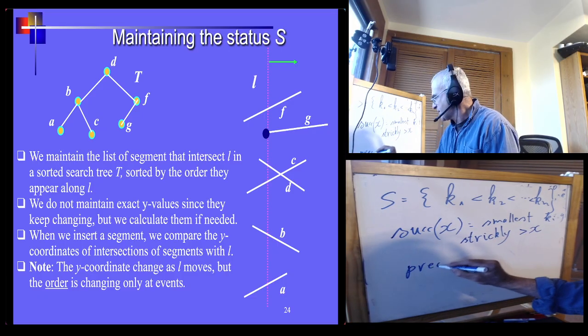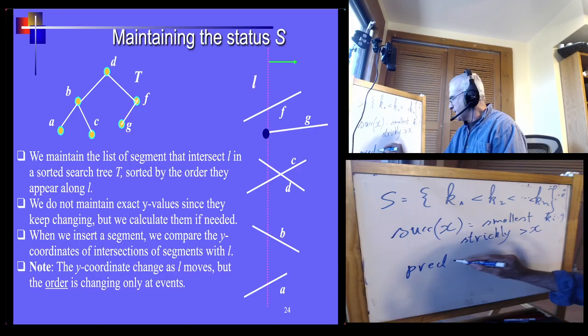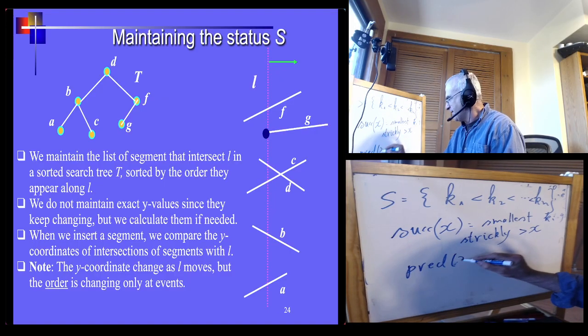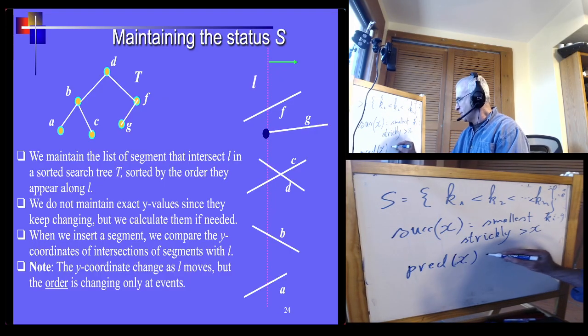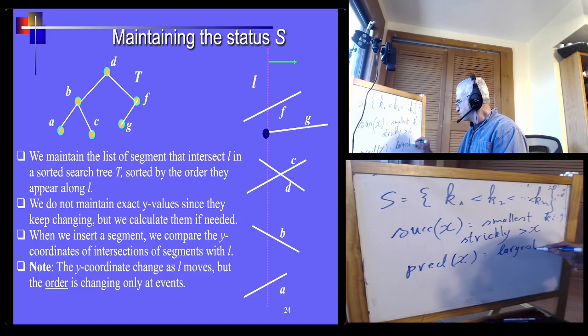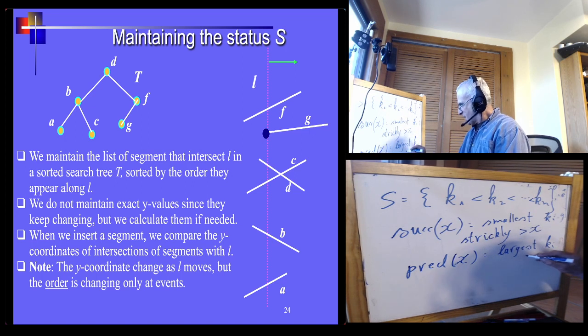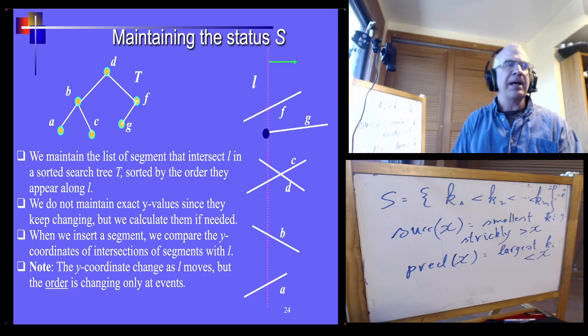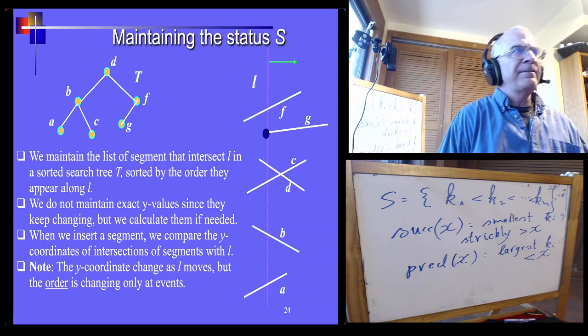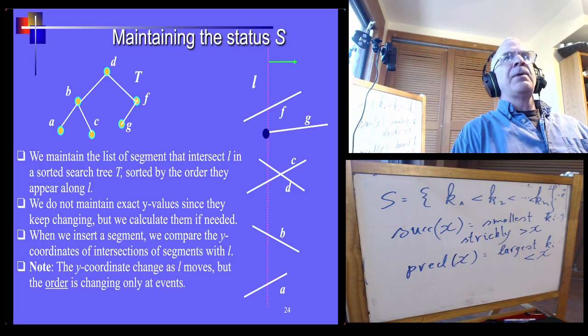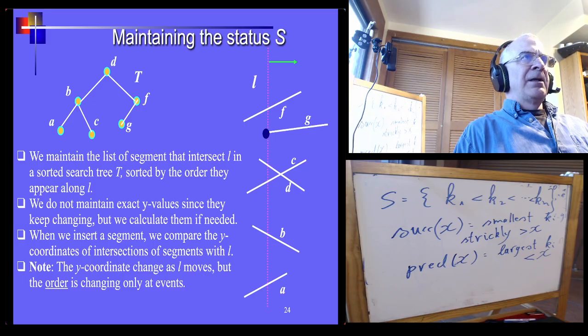The predecessor of any value X, in the set or not, is just the largest Ki which is strictly smaller than X, or null. And every search tree with any amount of self-respect can support successor and predecessor, each in log n time.